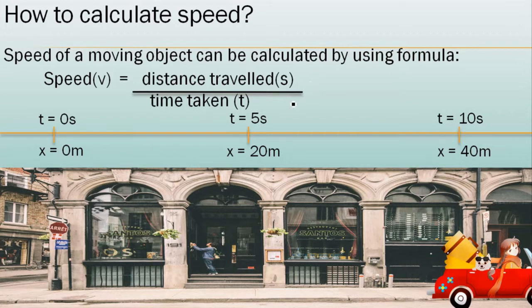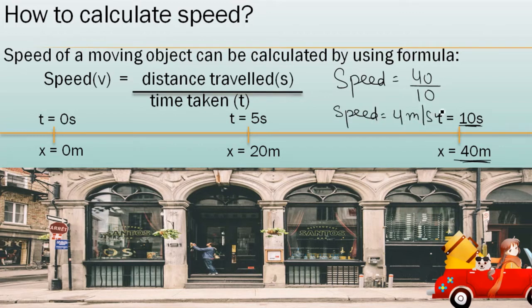Actually, speed is distance over time. How much distance has this car covered? This car has covered 40 meter. In how much time? In 10 seconds, it has covered 40 meter. So speed equals distance, that is 40, upon time, 10. So speed of this car is 4 meter per second. Clear? Speed of this car is 4 meter per second.